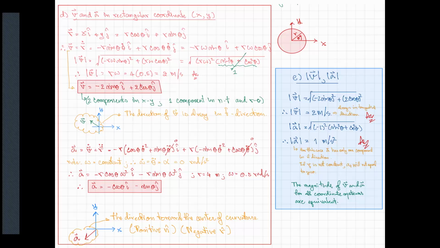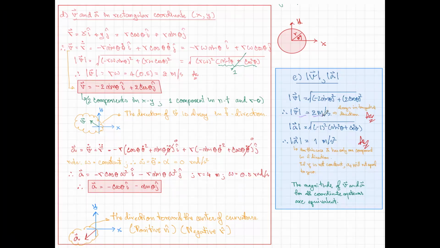For the last part, I would like you to understand it more by asking you to determine the magnitude of each vector. For this case we use the vector in X and Y to determine the magnitude, and you find the magnitude of the velocity becomes 2 meters per second, because it is just one velocity, in the tangential direction only.